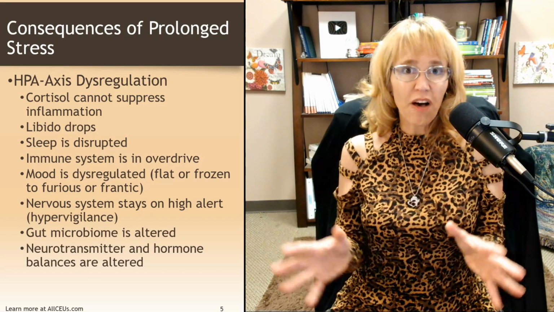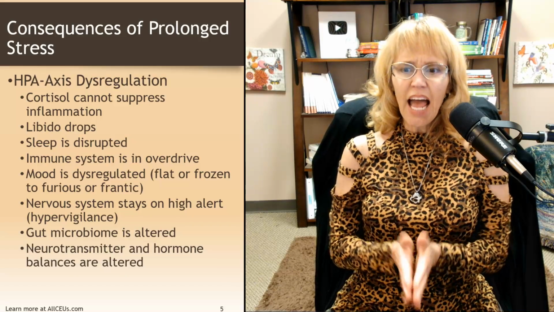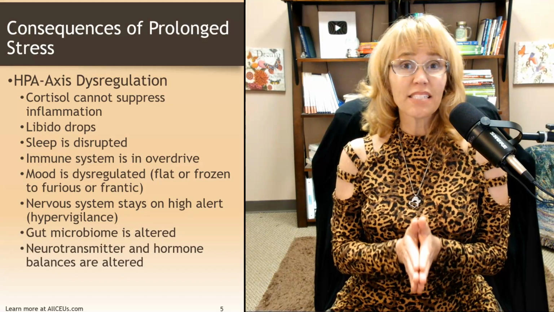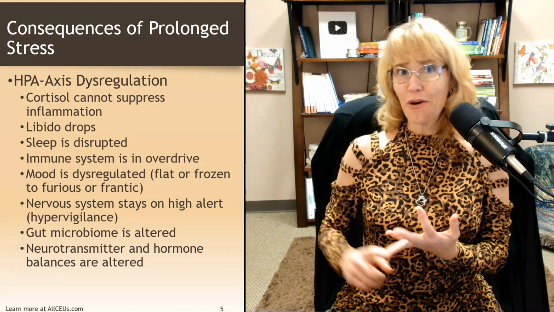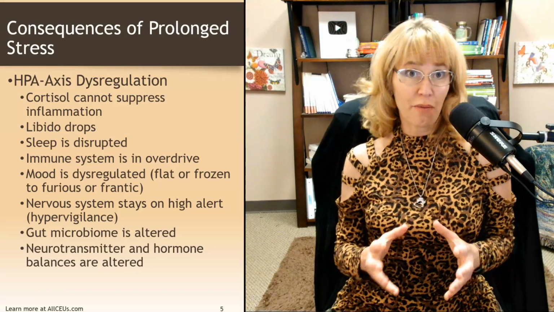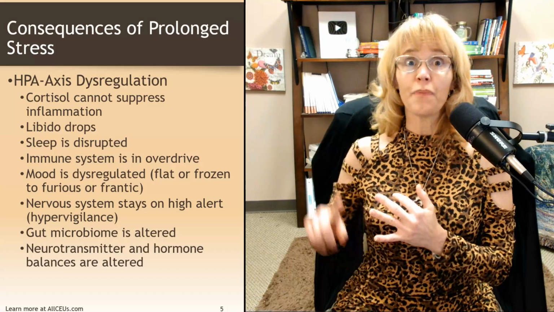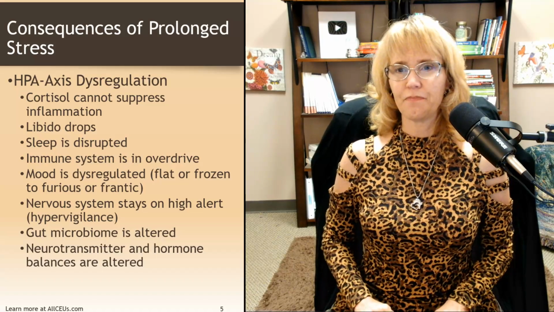It's the most simplified way that I can put it. And neurotransmitter and hormone balances are altered as a result. You're not going to be making GABA and serotonin and some of those feel-good chemicals right now. You're going to be making glutamate and adrenaline and thyroxine.